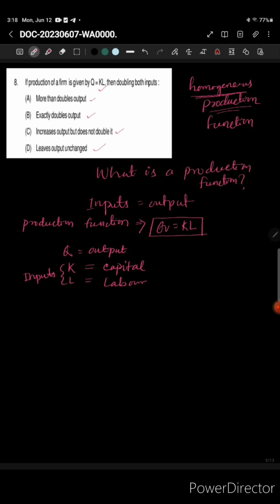Regarding the types of production functions, we have studied production functions on the basis of time. We had two production functions, short run production function and long run production function.